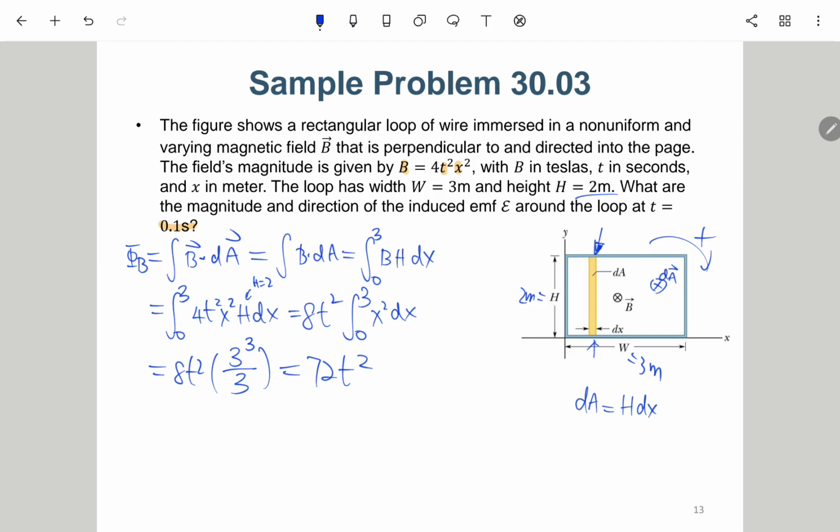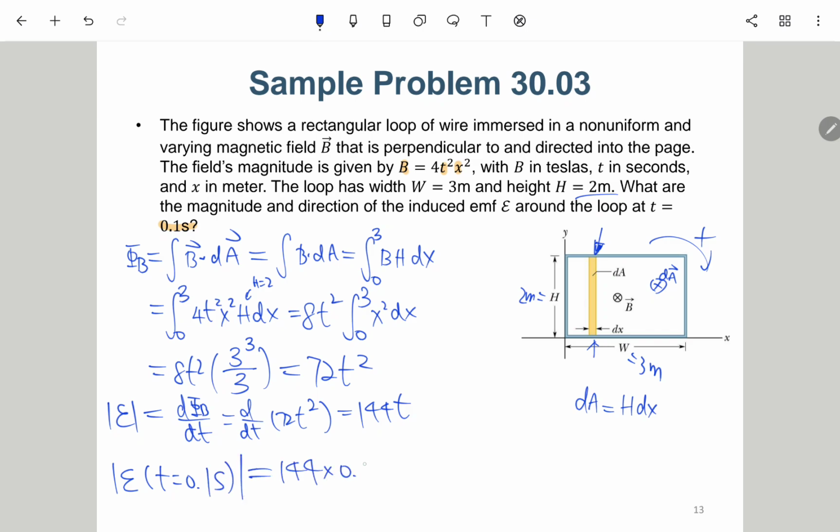Okay, so the absolute value of E will be d phi B dt. It is a single loop, so n equals 1. So d/dt of 72 t squared is 144 t. So E at t equals 0.1 second will be 144 times 0.1, which is 14.4 volts.